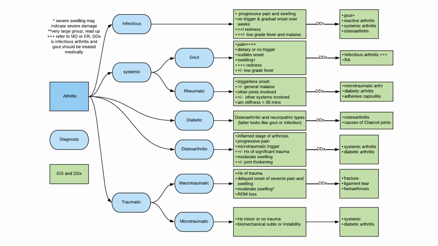So the differential diagnosis includes gout, reactive arthritis, systemic arthritis, and osteoarthritis itself actually being painful. These joints are pretty degenerative at this time, and these are the ones that are going towards a replacement. But they get differential diagnosis.